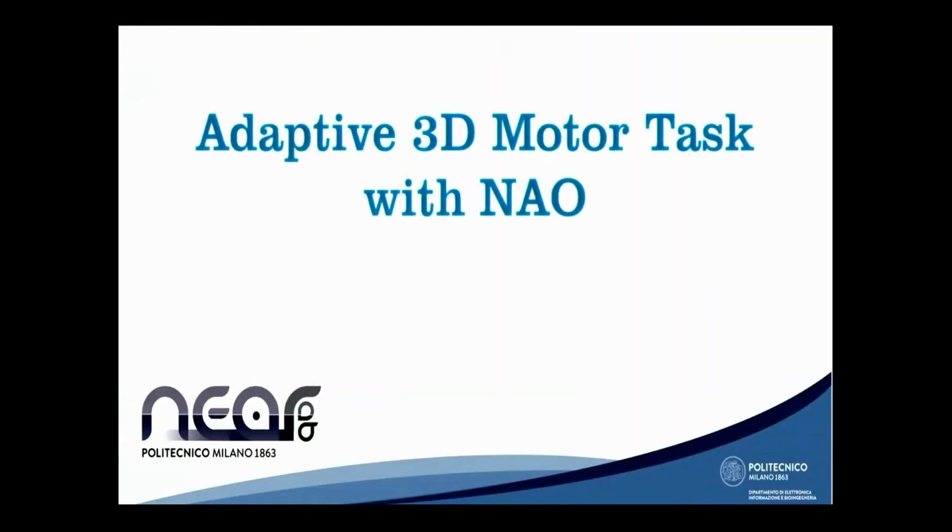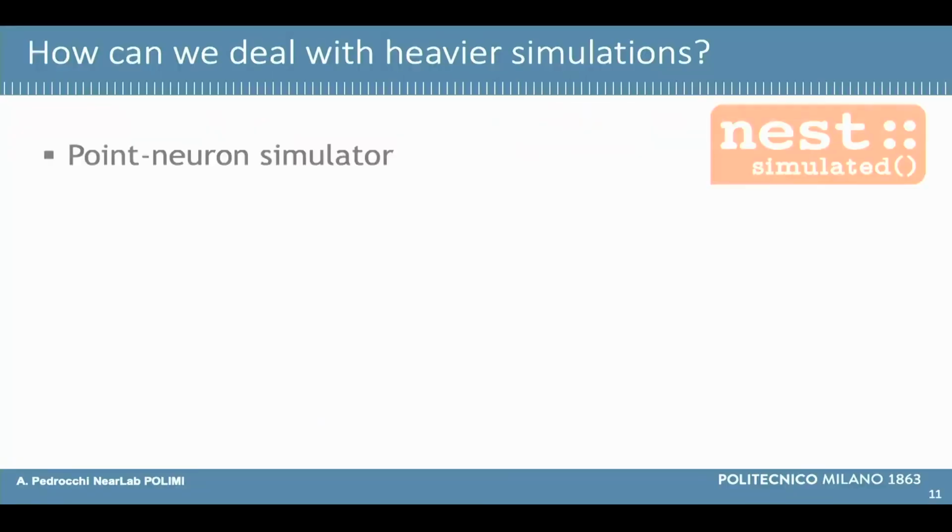So the point is, we need to embed more and more increasing complexity into the models, in order to be able to really validate them against behavior.